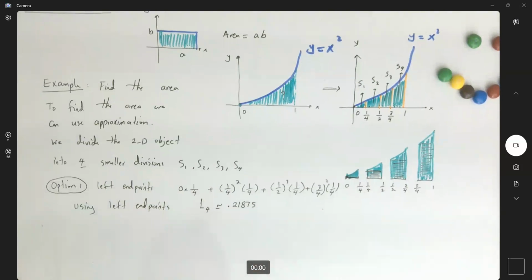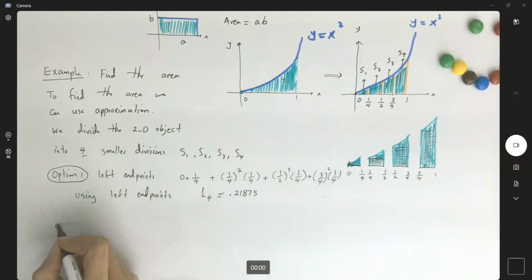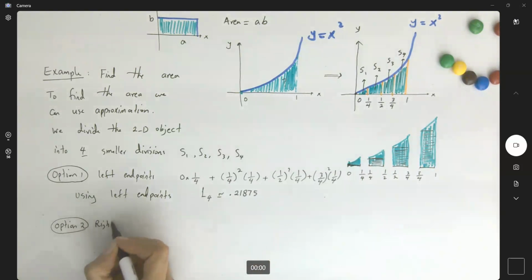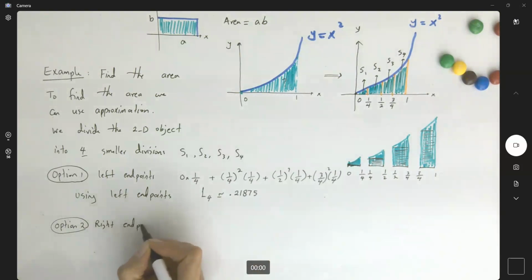You might say, why don't we use the right endpoints? This is option 2.